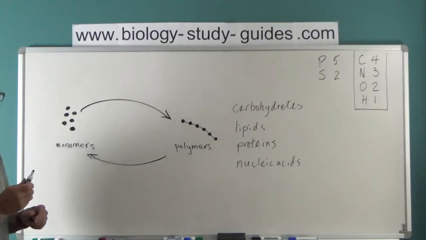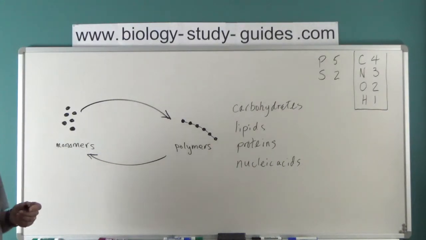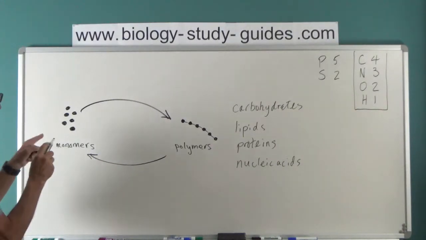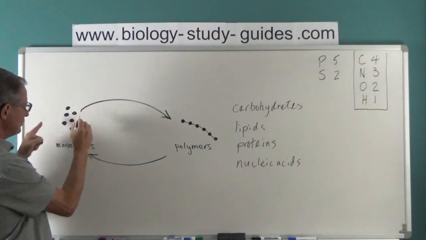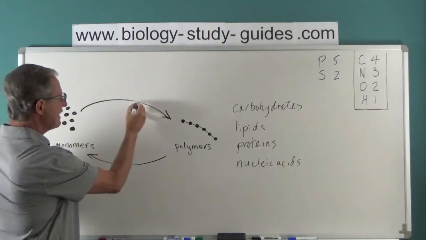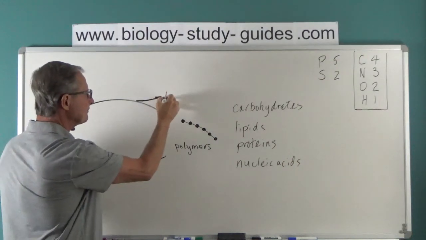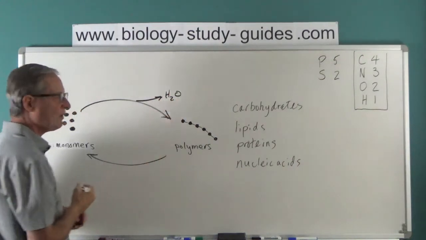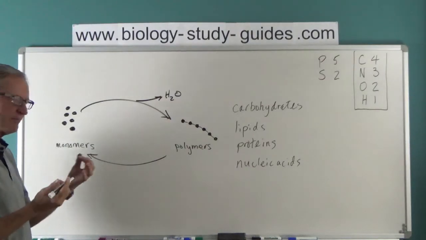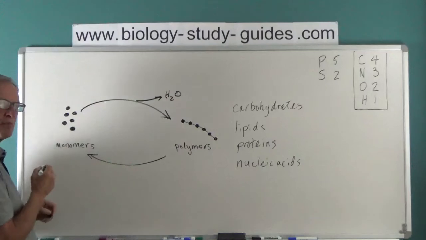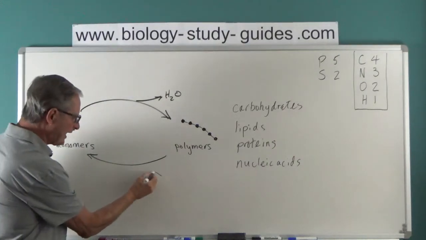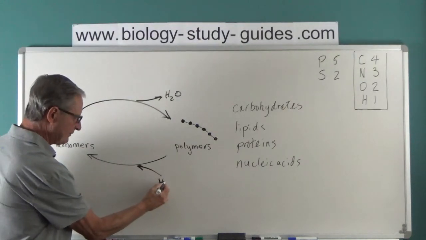Now I said I was going to mention water a couple more times. I mentioned it once already, but every time you take monomers and combine them together, we get water as a byproduct. Every time you take the polymers and make monomers out of them, water has to be added into the system.